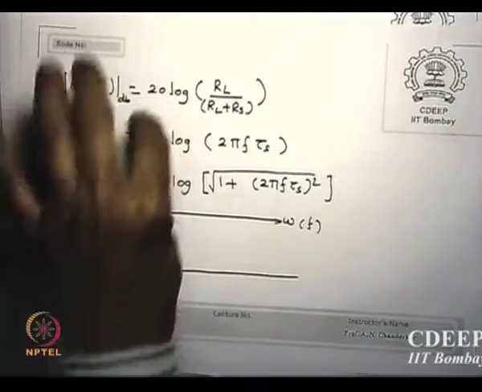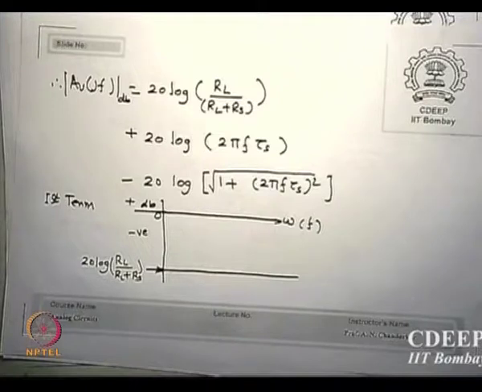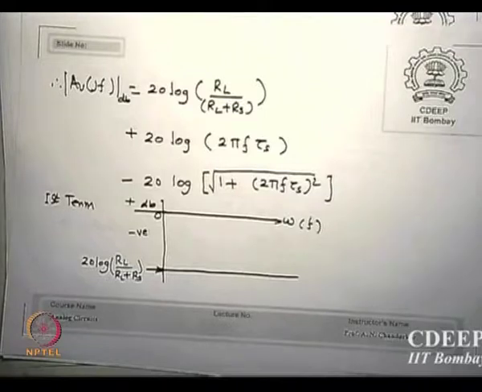So the first term, which is 20 log RL by RL plus RS, I plot as a variation of frequency. Whether it will be less than 1 or more than 1: because the numerator is RL and the denominator is RL plus RS, it will be less than 1, therefore minus.